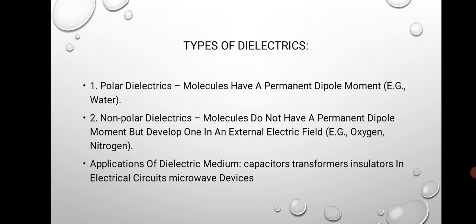In non-polar dielectrics, molecules do not have a permanent dipole moment but develop one in an external electric field. Examples are oxygen and nitrogen. Next, some applications of dielectric medium: capacitors, transformers, insulators in electrical circuits, microwave devices.